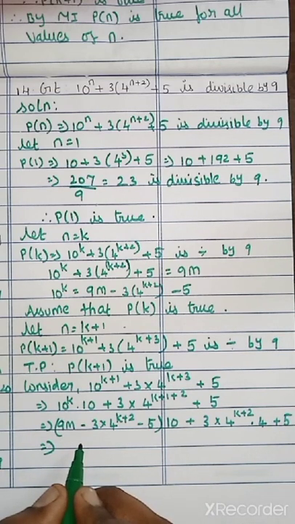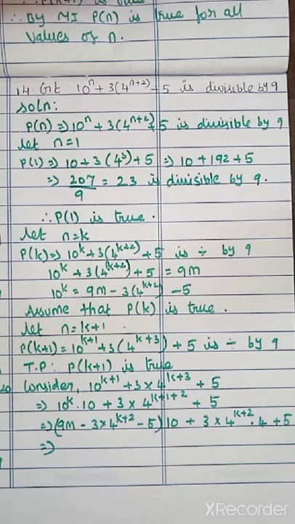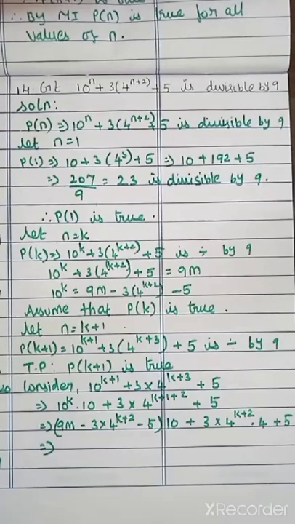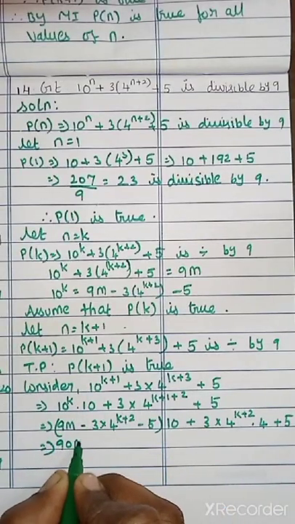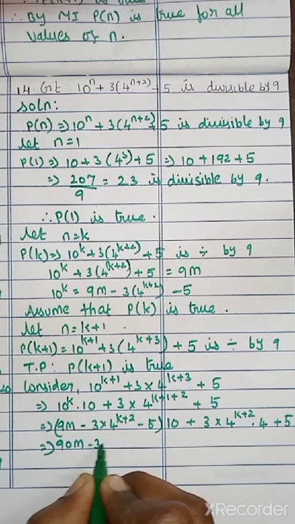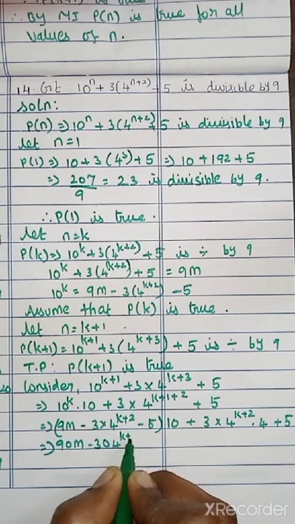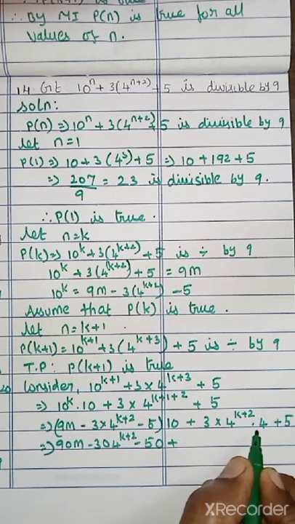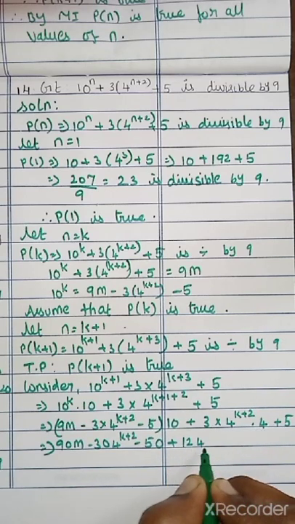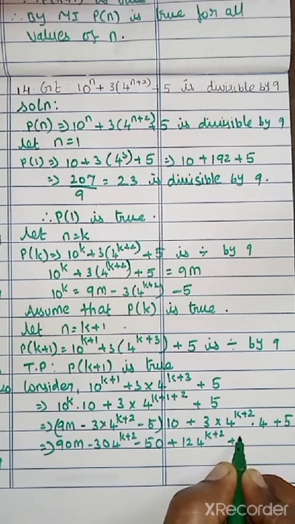Again, we can multiply the 10 inside, so you will get 90m minus 30 into 4 power k plus 2 minus 50 plus 12 into 4 power k plus 2 plus 5.